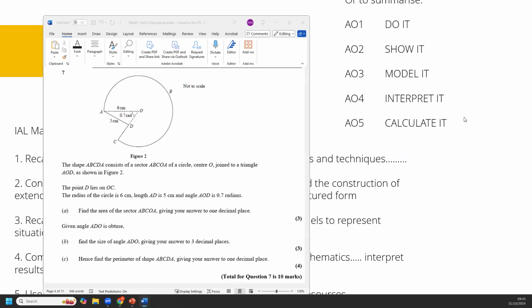And again, it's just sharing the views. It is quite challenging sometimes to get our minds around this, but it's worth actually trying to see where each assessment objective fits in with this.